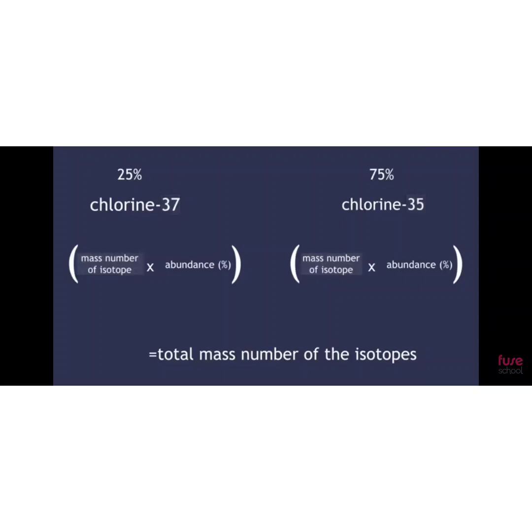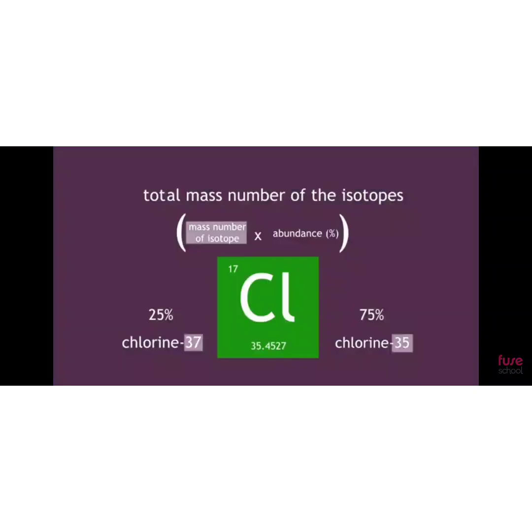So whatever is the mass number of that particular isotope multiplied by its abundance, meaning how much percentage of that particular isotope is present. In the case of chlorine, we have 75% of chlorine atoms which have atomic mass number 35, and we have 25% of chlorine atoms which have atomic mass number 37.